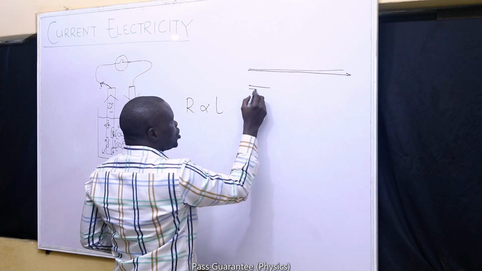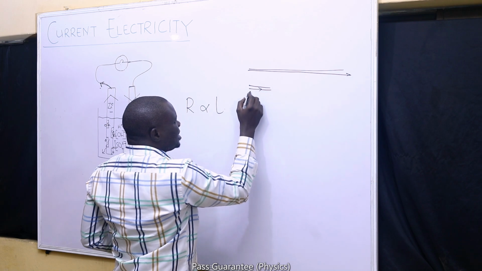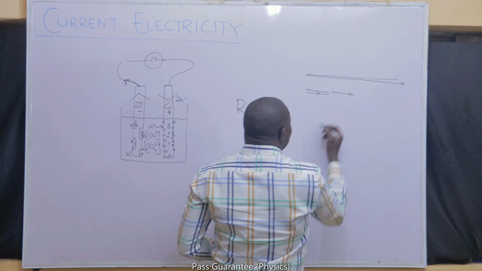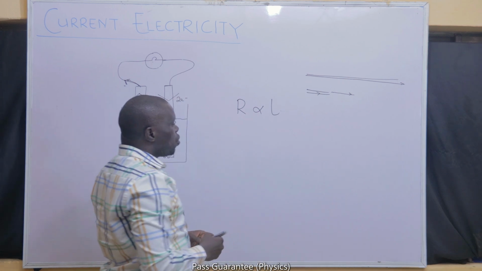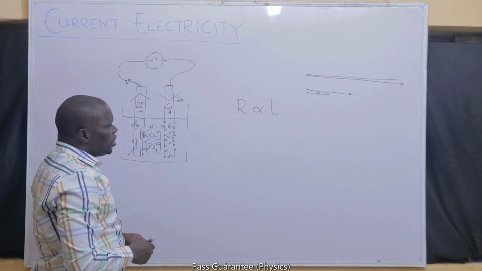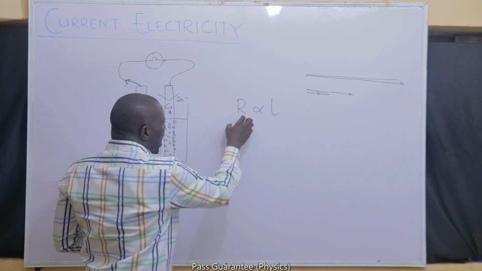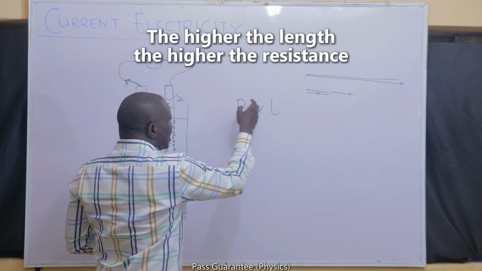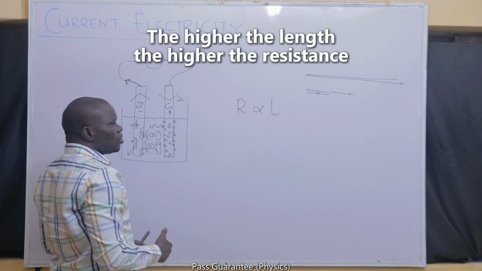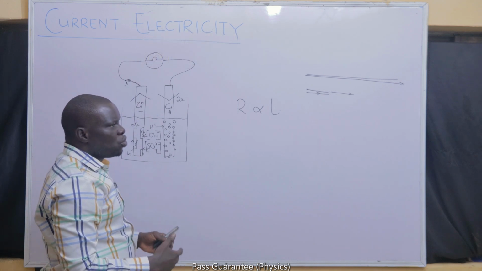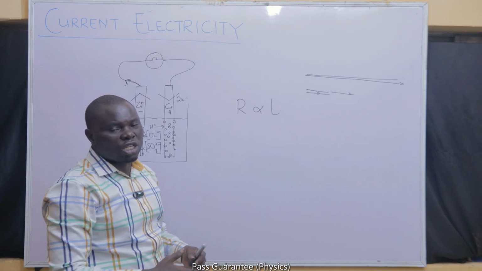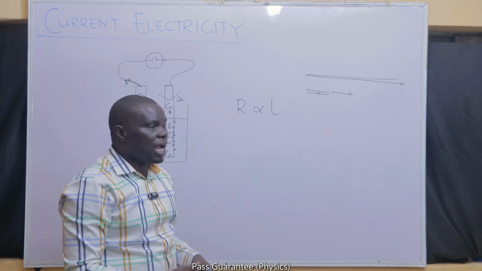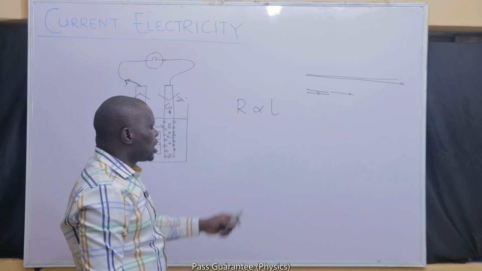Whereas if it is short, the current can easily move through it and get to the other end and continue with other parts of the motion that it needs to have. So the resistance of a wire is directly proportional to the length. The higher the length, the higher the resistance. That is why if you need to do some house wiring, it is always necessary that you choose the shortest distance possible. Shortest distance means shorter wire, and shorter wire means lower resistance.